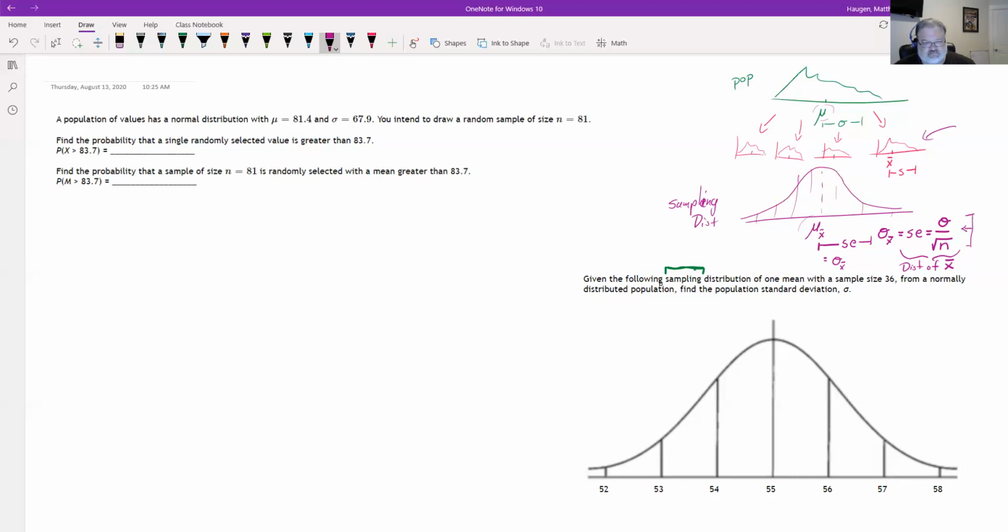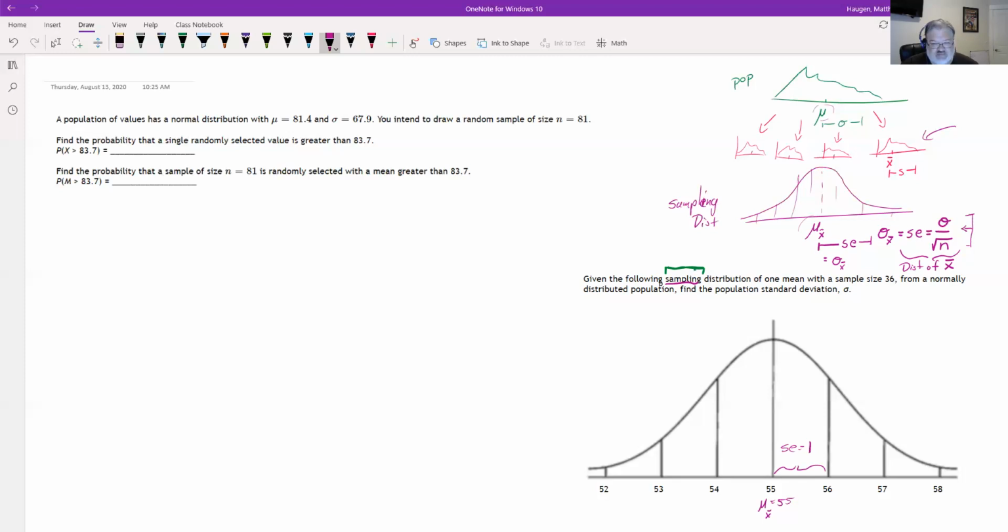Okay. So if we look at this sampling distribution, it has a mean, okay? The mean of our sampling distribution is 55. That tells us that the mean of the original population that this data came from is also 55. And if we look at it, it looks like our standard error here is equal to what?